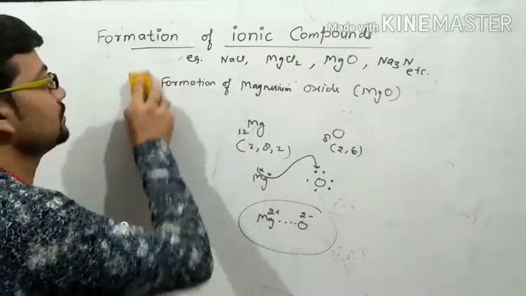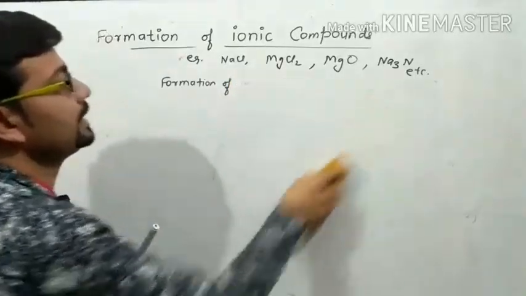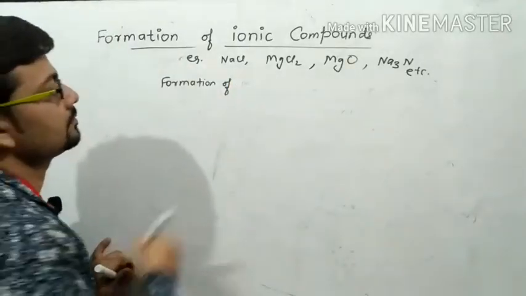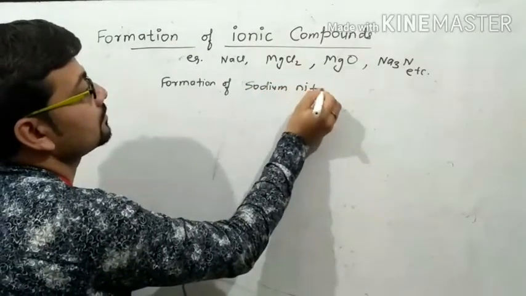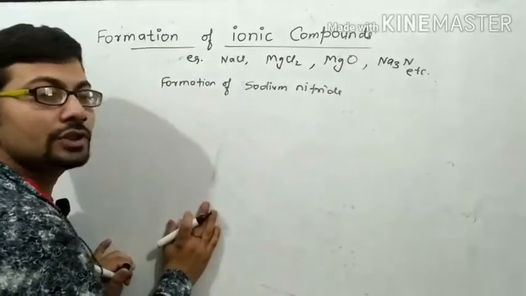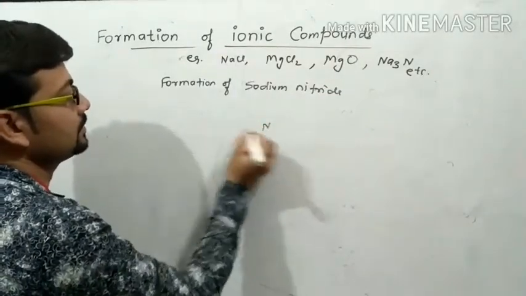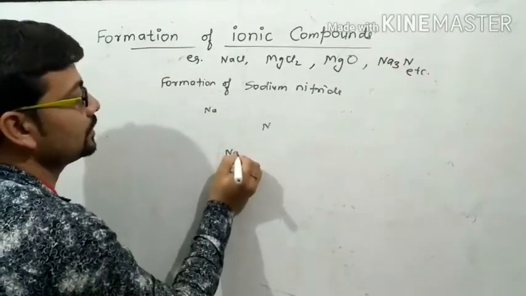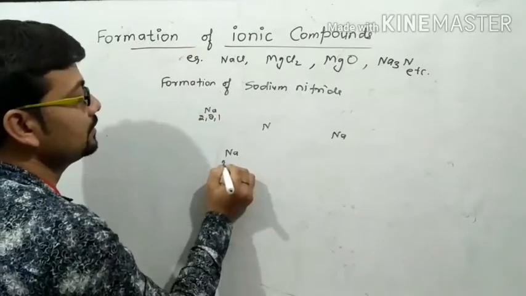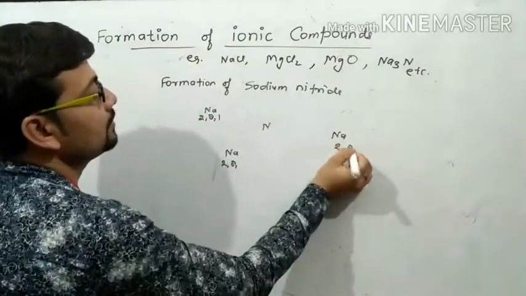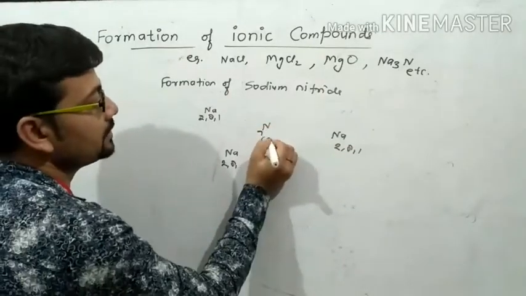Now, formation of sodium nitride. As you know, here 3 sodiums are present, right? Like this, sodium, sodium, sodium. Each sodium has 2, 8, 1, and nitrogen has atomic number 7, which means 2, 5.